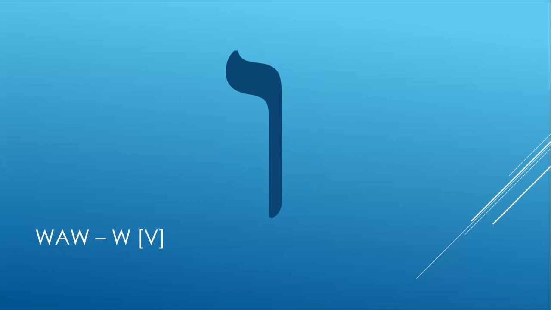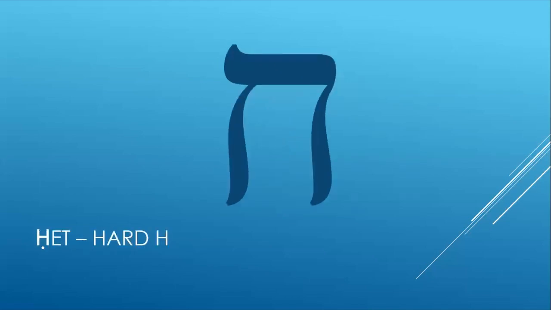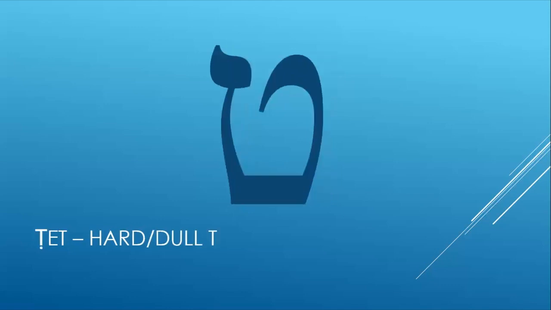The W's are pronounced as V's. So in some books, you may even see it spelled VAV, even though most traditional grammars will spell it WAW. Zain, Z, Chet. Think of it like a hard H.